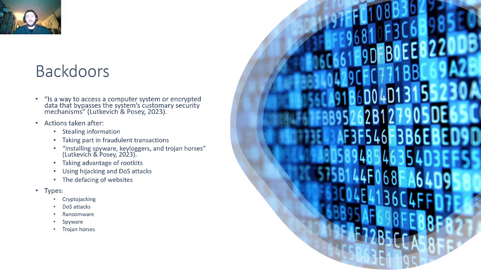Spyware is when an attacker has software that monitors your keystrokes so that way they can access your system through your credentials. And the Trojan horses we had already talked about, but it's just malicious content disguised to try to trick you into clicking on it so it can gain access to your system.